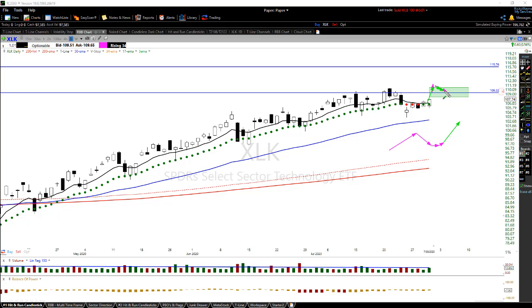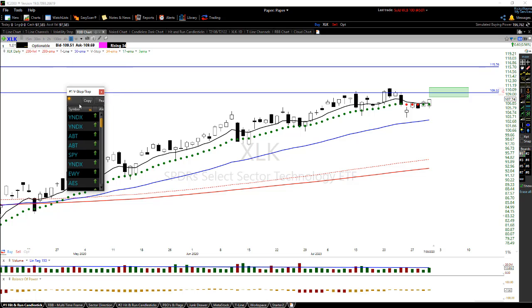What I'm going to do is look for that little pullback here, and the scanner, I'll be using the scanner on intraday time frame, maybe something like the V-stop trap intraday would bring up chart patterns like this right here.